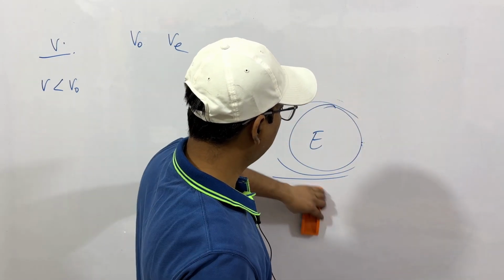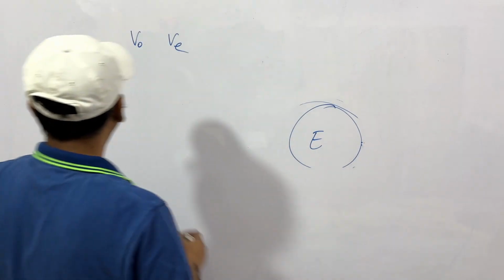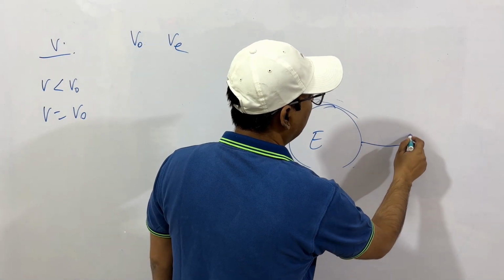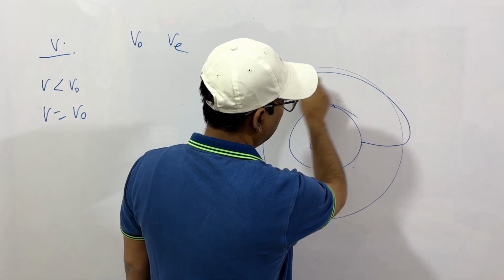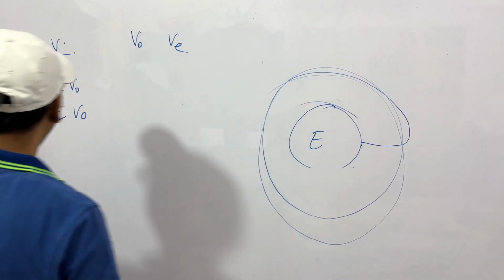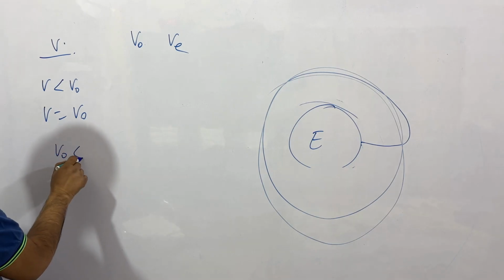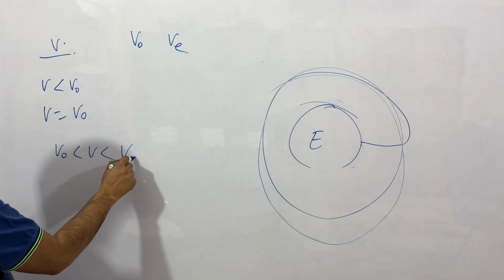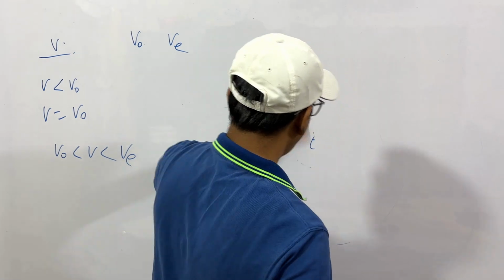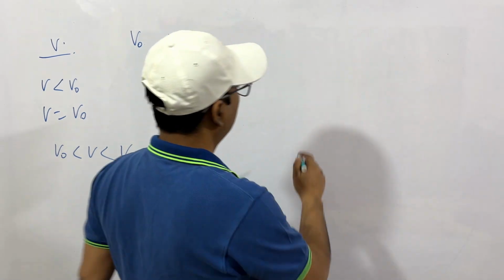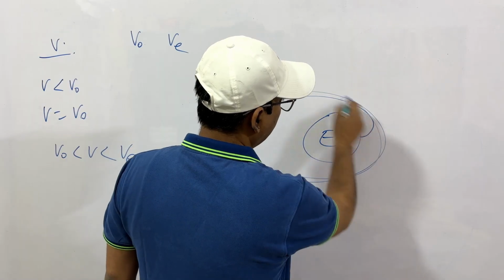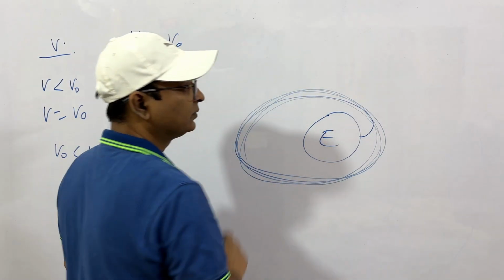Okay. Now next, what if V is equal to V0? Obviously, it will go to a certain height and then it will follow a circular path. Okay. Next, what if it is greater than V0 but smaller than VE, the escape velocity? Here, this is Earth, it will go and follow an elliptical path like this.